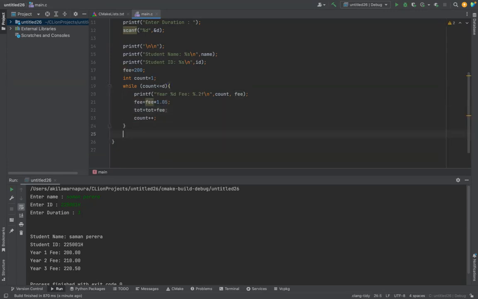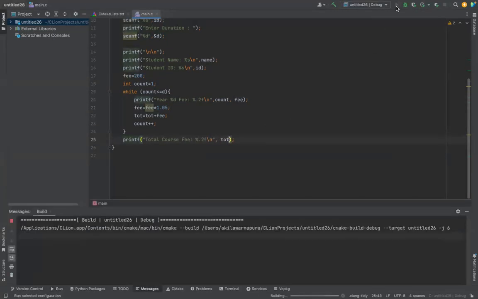After the while loop completes, you can display the total fee. So you can copy this one and paste it: total fee, percentage 2f, total. Let's check that this works properly.